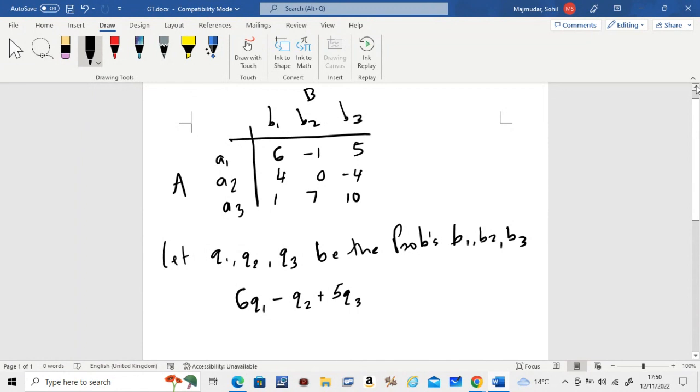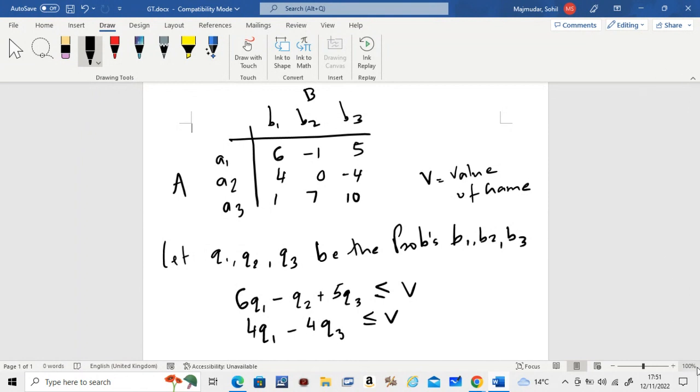And remember, this expected payoff will be a minimum value because B does minimax. So it has to be less than or equal to all of the values. We'll denote the value by V. So let V be the value of the game. Similarly, the second equation will be 4Q1. You can skip the 0, and it's 4Q3 less than or equal to V again.